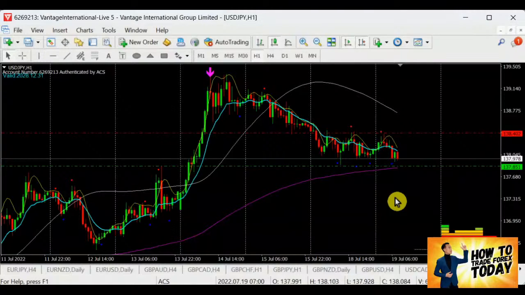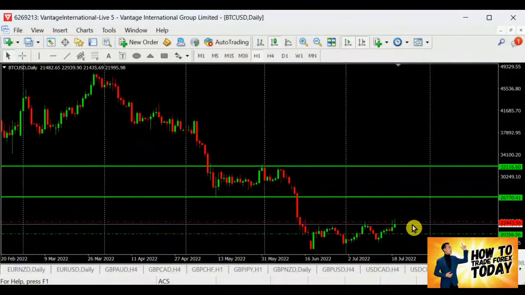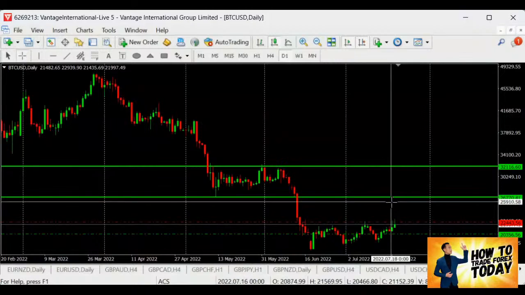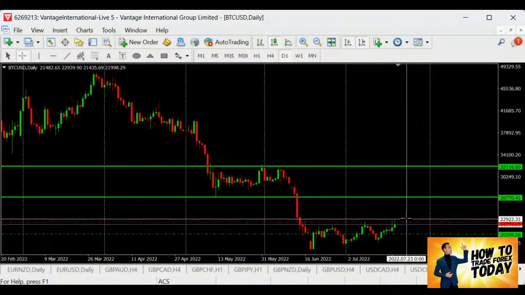All right, so yeah, let's move again. Bitcoin, right? Yes, Bitcoin has achieved 22, almost 23. Looking at this, Bitcoin is coming to this level where some rejections have come in. We can see from the candle itself.